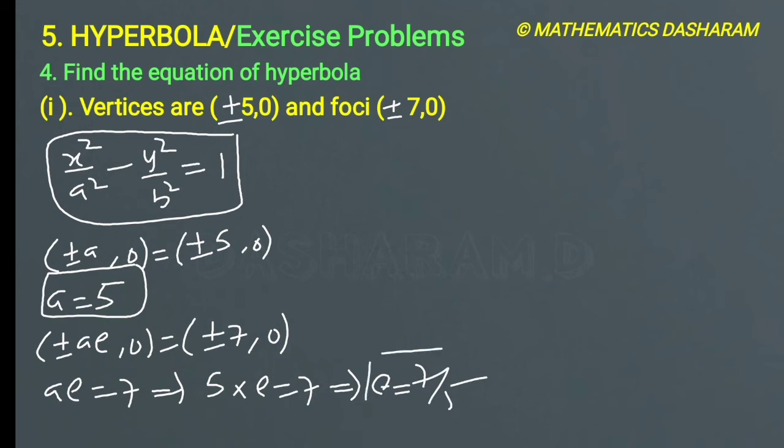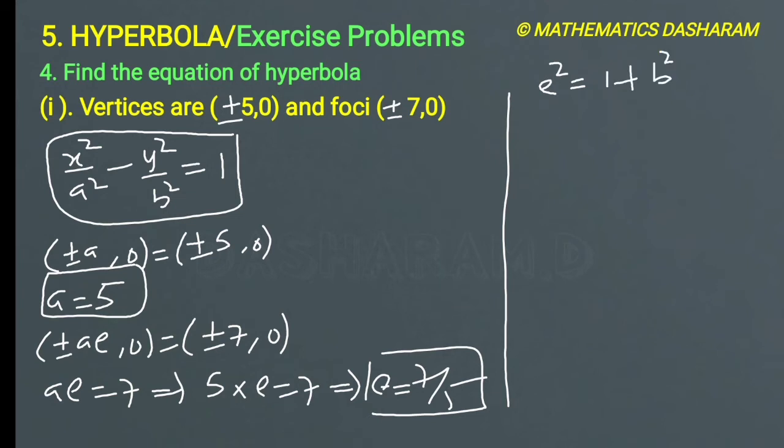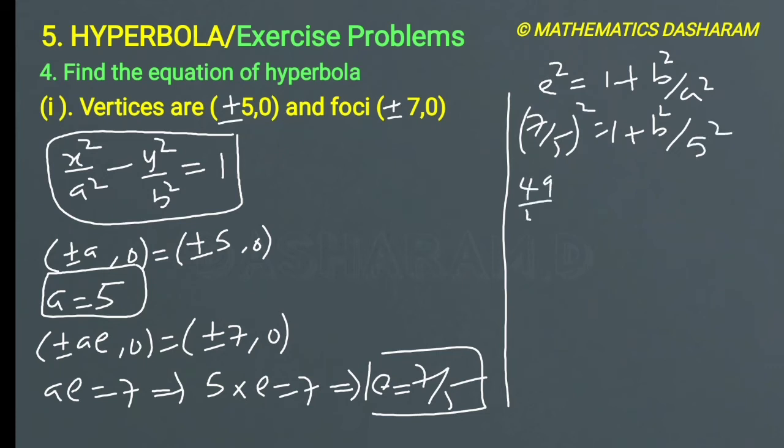Next we need b value. To find out the b value, I am using the eccentricity formula, that is e square equals 1 plus b square divided by a square. E square means 7 by 5 whole square. 1 plus b square divided by a square value 5 square. So 49 by 25. Here LCM also 25.